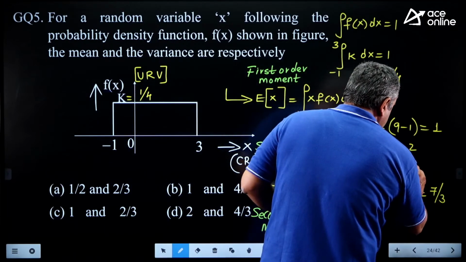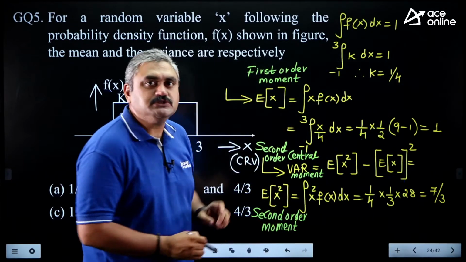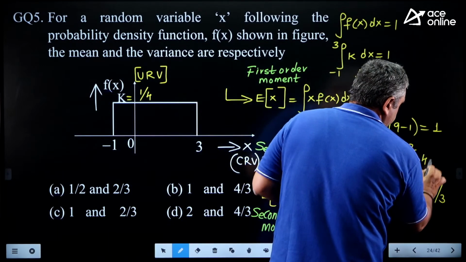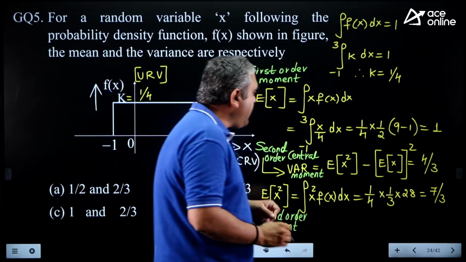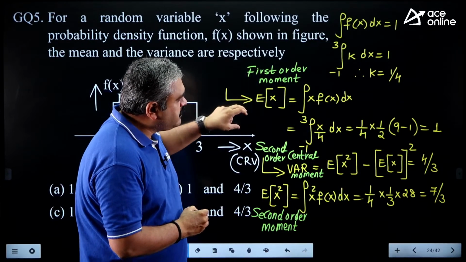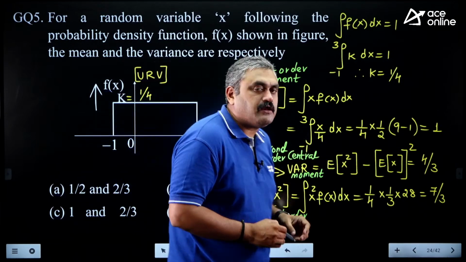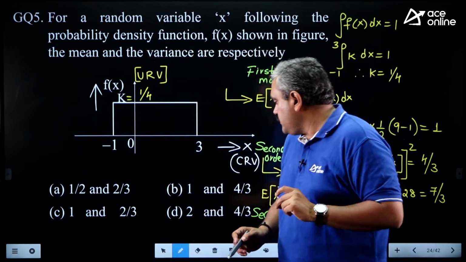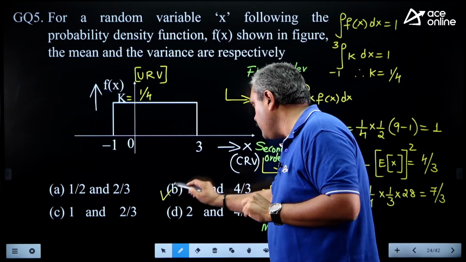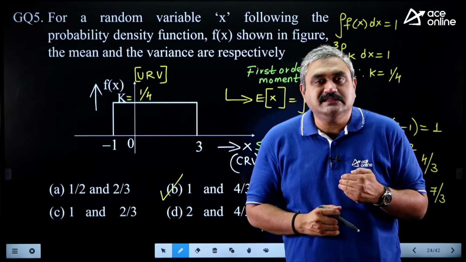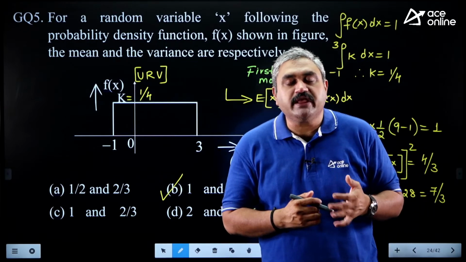This will be 7 by 3 minus 1 whole square, meaning 7 by 3 minus 1 becomes 4 by 3. So the value of the mean, or first order moment, of the random variable is 1, and the value of variance, or second order central moment, is 4 by 3. So your answer will be 1 and 4 by 3. This is how you have to calculate the statistical parameters for a given random variable.